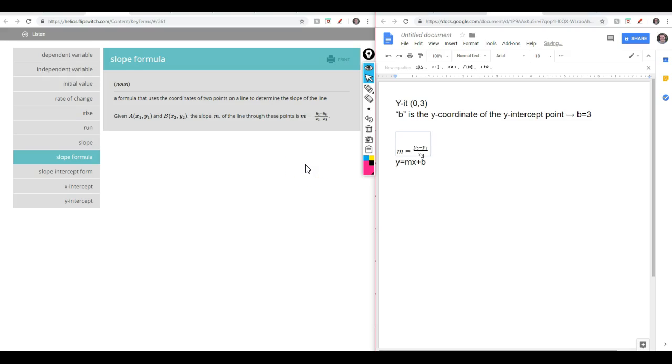So then x sub 2 is the x coordinate from the second point, and x sub 1 is the x coordinate from the first point.